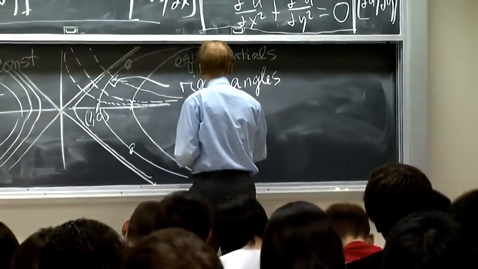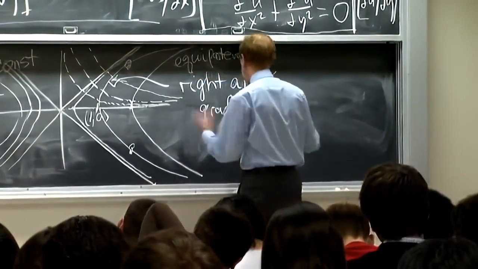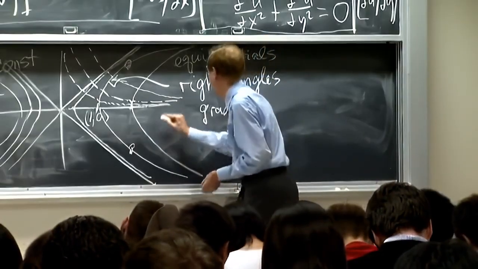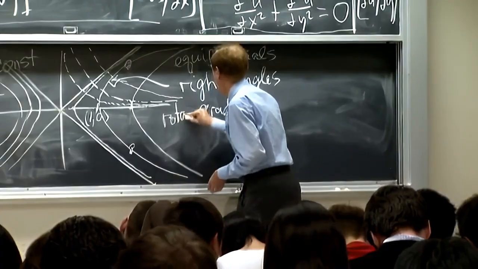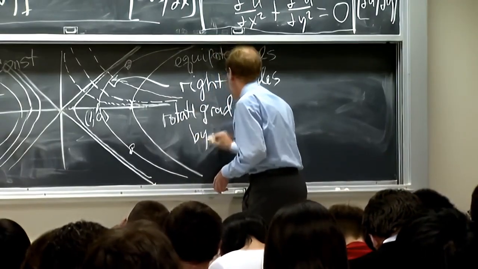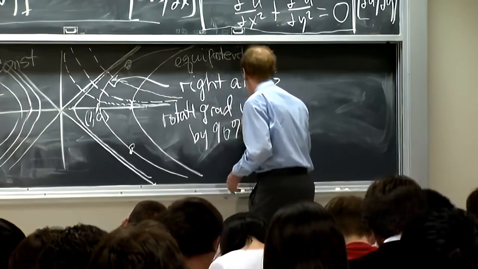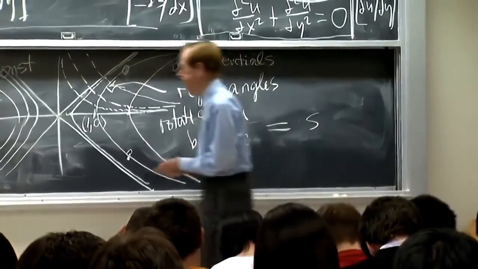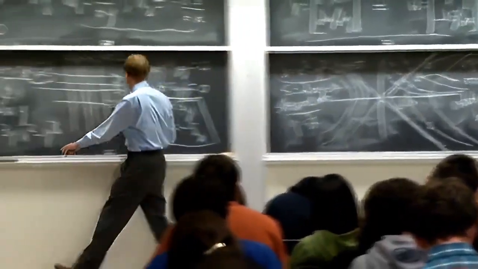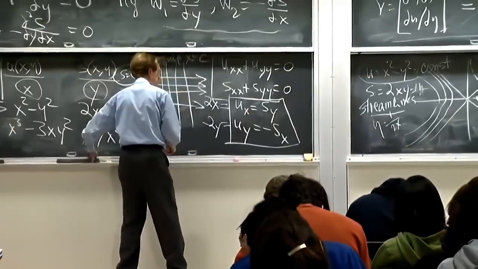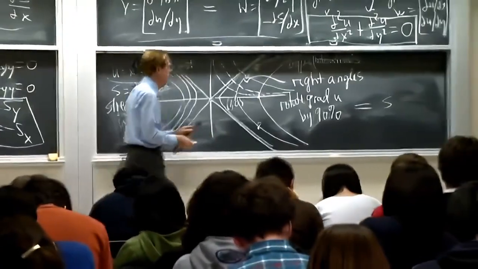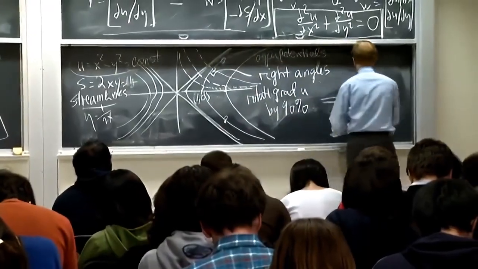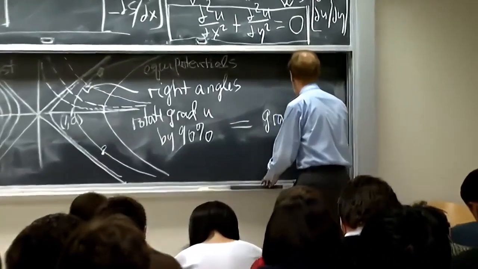The gradient of s, the gradient of u: rotate the gradient of u by 90 degrees, pi over 2, and you get grad s. That's what these equations say. That if I take the gradient of u, let me try to do that.